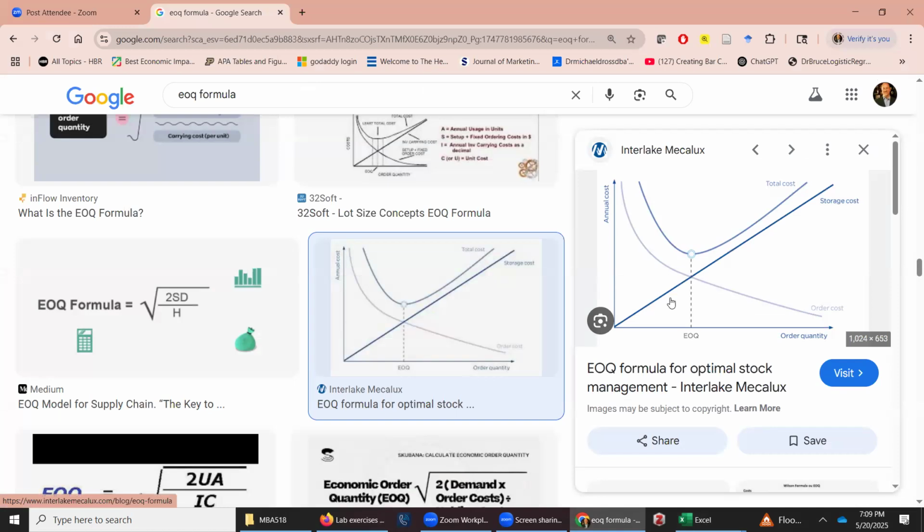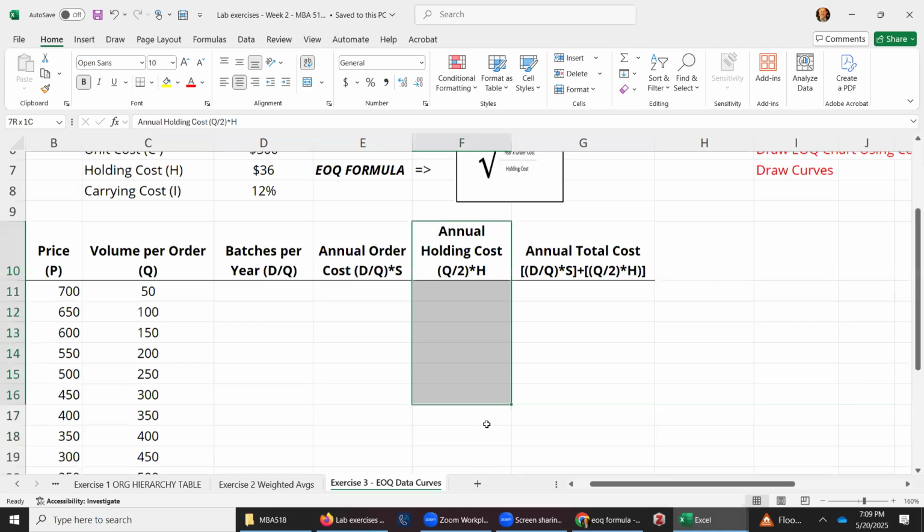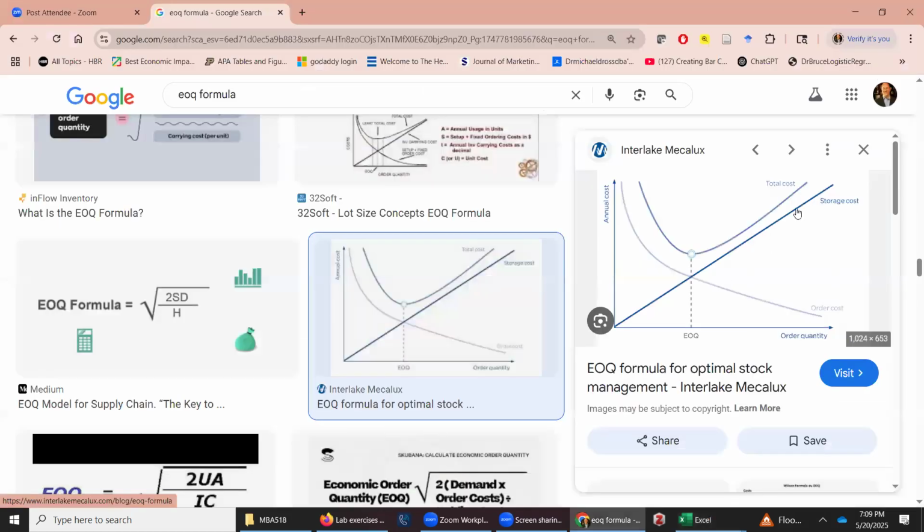You're going to have your storage cost, which is this column. You can see that's linear up and to the right.